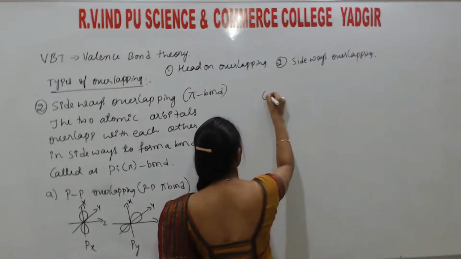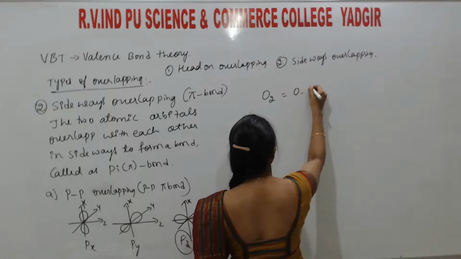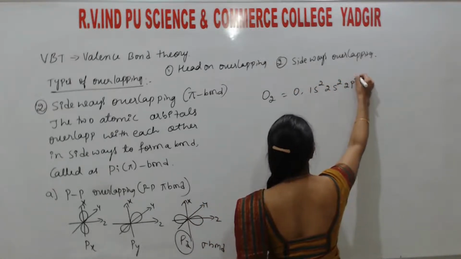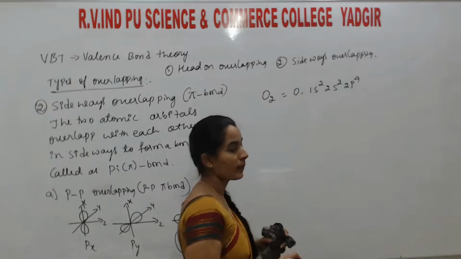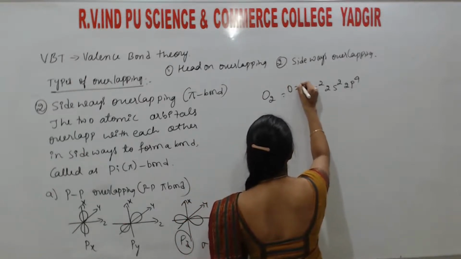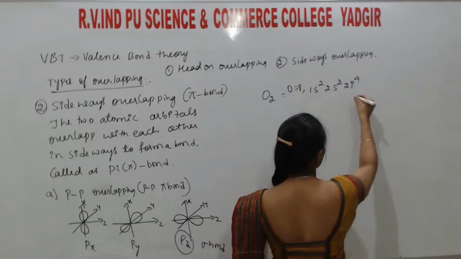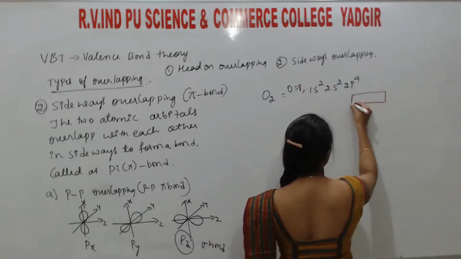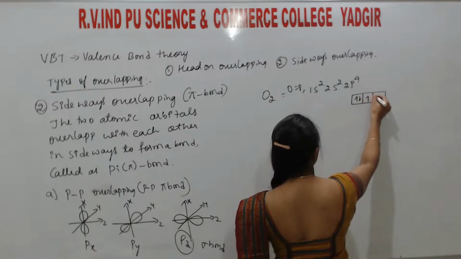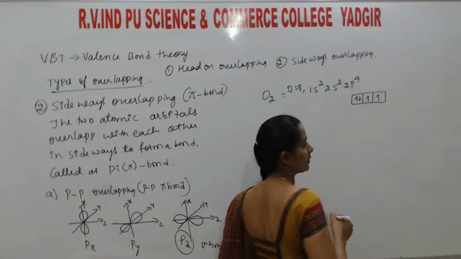So O2 molecule, that is oxygen, has the configuration 1s2, 2s2, 2p4. Correct? Because the atomic number of oxygen is 8. So if you write the configuration here, it will be like this.